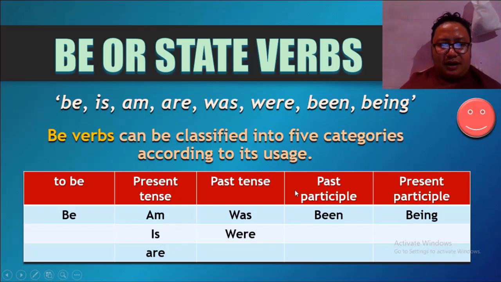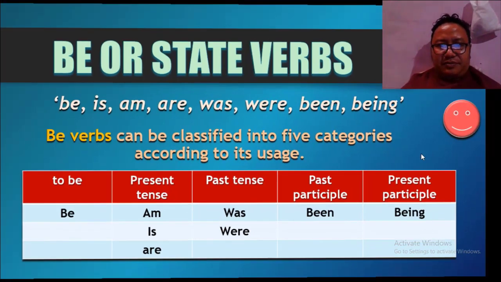But for past tense, was and were are the past tense state verbs or be verbs. And been is a past participle. And then being, B-E-I-N-G, is a present participle. Remember that.